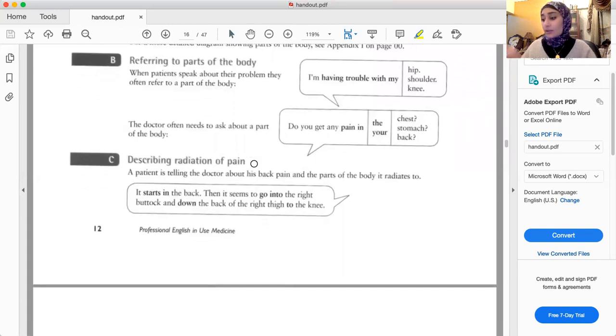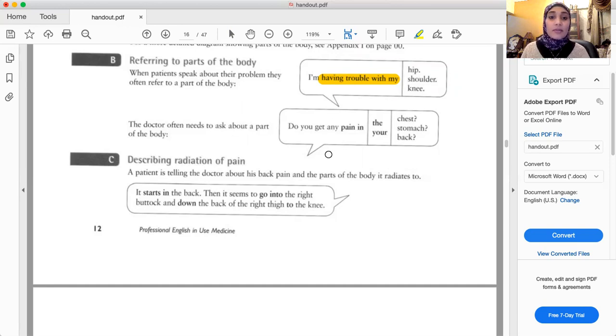All right, so here, how does the patient refer to his pain or her pain? They can say, for example, I'm having trouble with my hip, my shoulder, my knee.